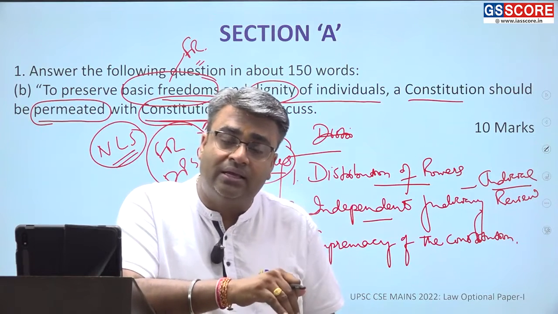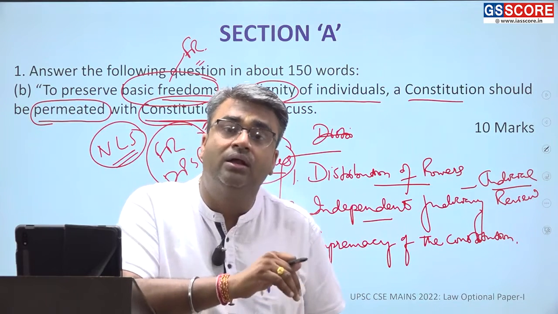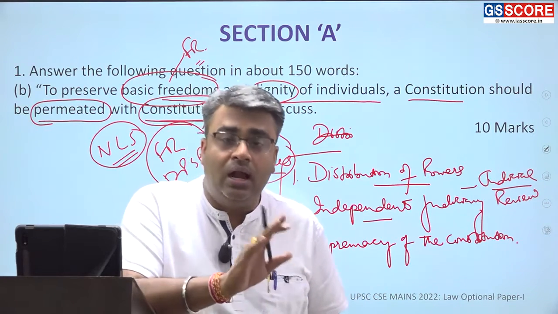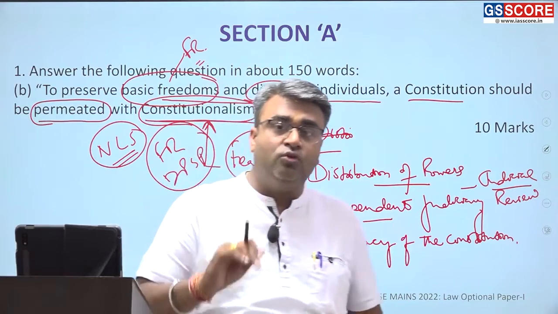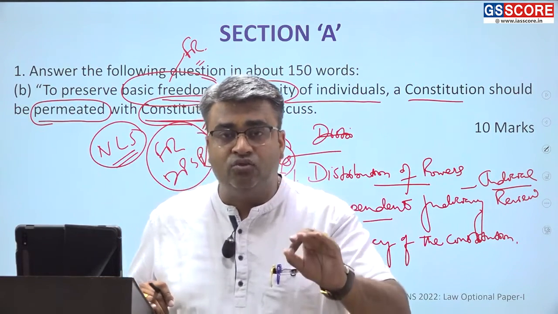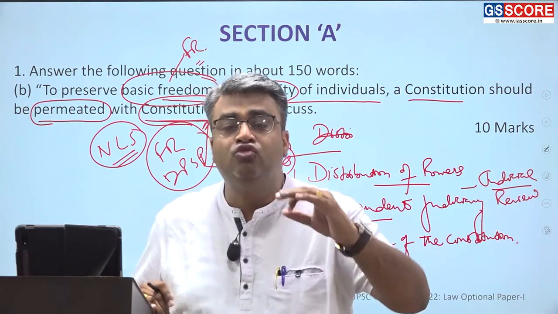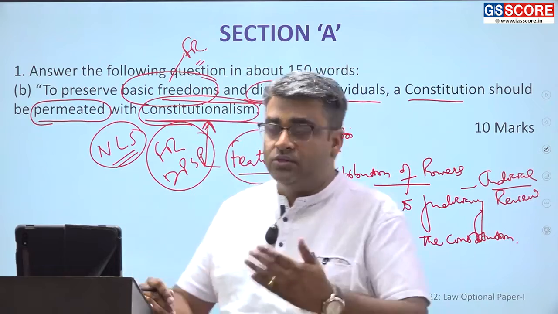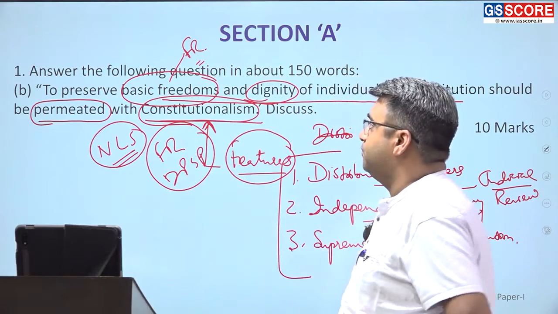And when nature has created the human beings, we all are equal. And once we all are equal, ultimately the origination of the fundamental rights emanates from the natural law school only. So in this way, you can conclude this question as well.